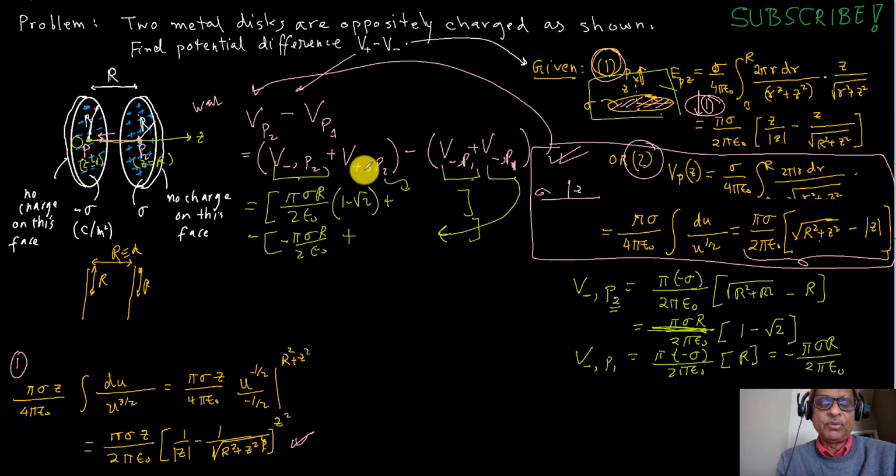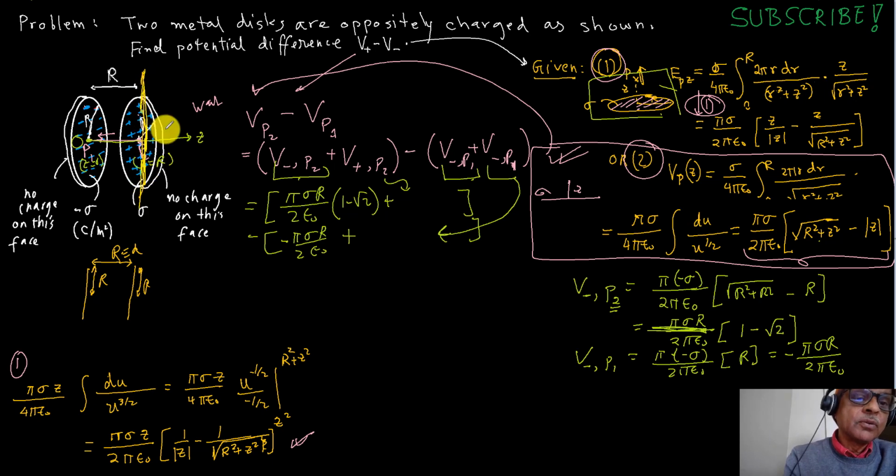Okay, so for P2, regardless of how you do it, we're going to use this formula. We create a new coordinate system. It's much easier to use a new coordinate system. So let's do this.